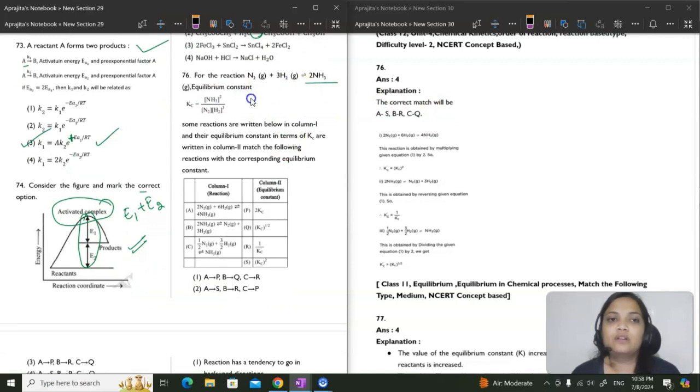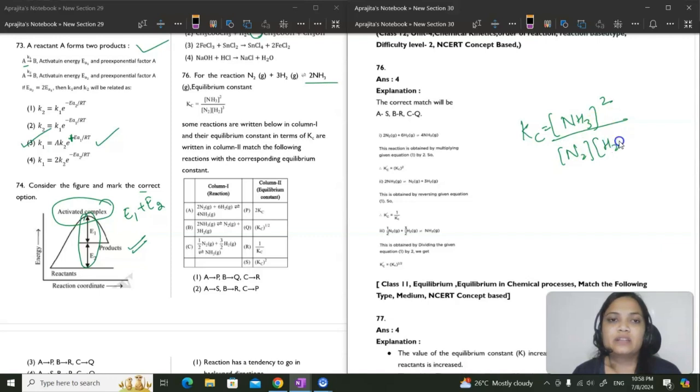The equilibrium constant is given, Kc, which is the concentration of product divided by the concentration of reactant. I need to match the values of Kc in this case.